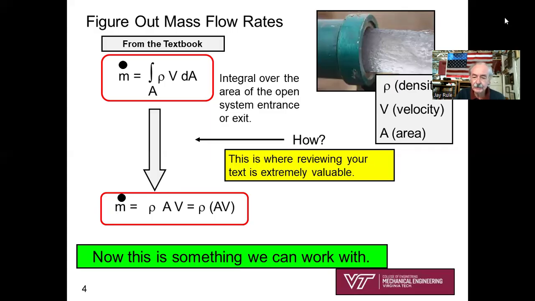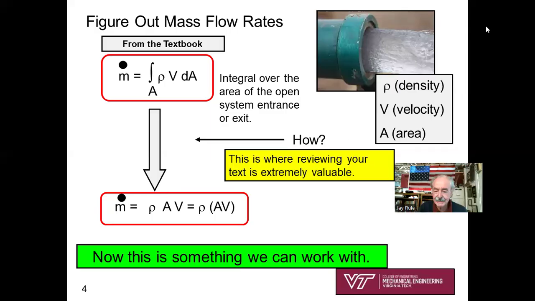So with those things said, we get m dot. Well, if rho is constant, we pull it out of the integral. If velocity is constant over the area, we pull it out of the integral. So all we have to do is integrate dA. Well, that's just A, the area. So that's how we get m dot equals rho AV.